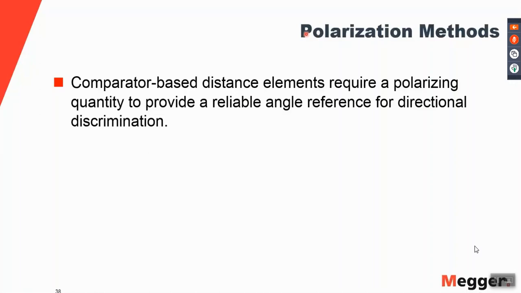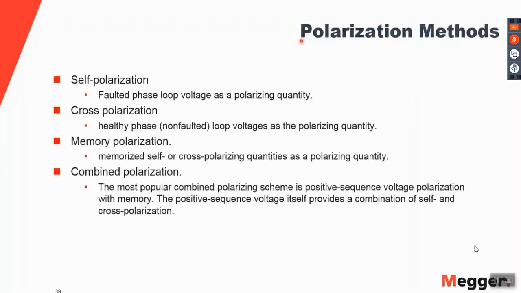Now, what polarization means in this case is which voltage do you use to determine the direction of the fault, right? The most popular types of polarization out there are, the first one is called self-polarization, which uses essentially the same voltage that you have on the faulted phase or the faulted loop.